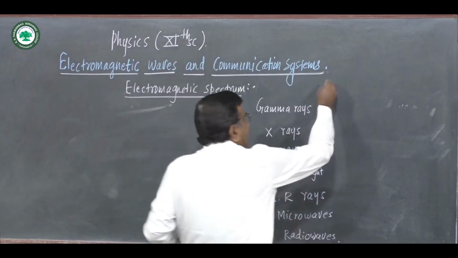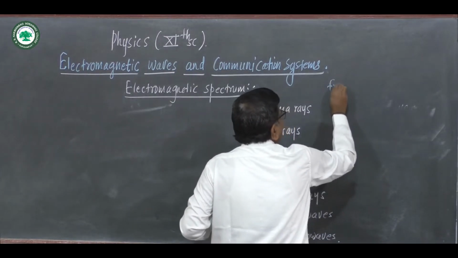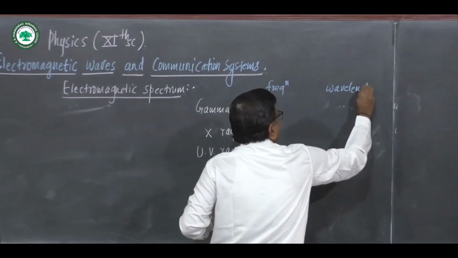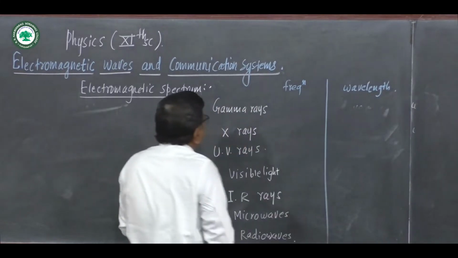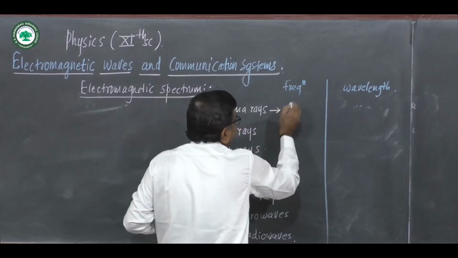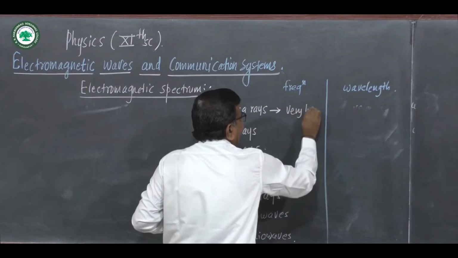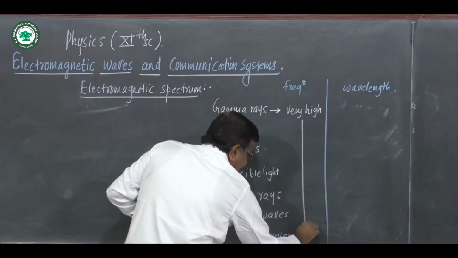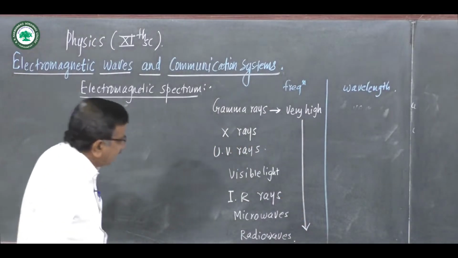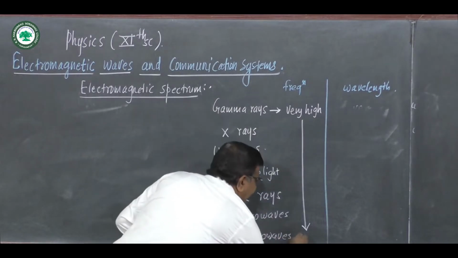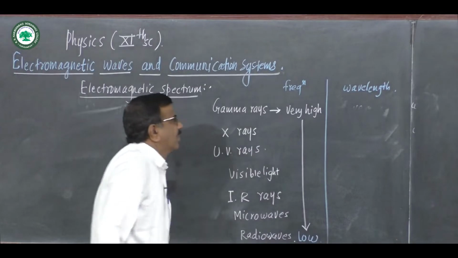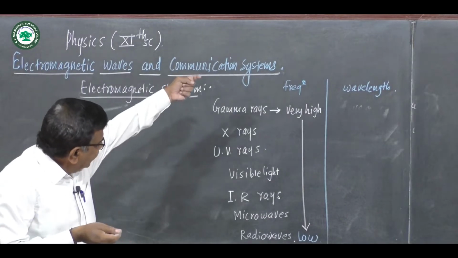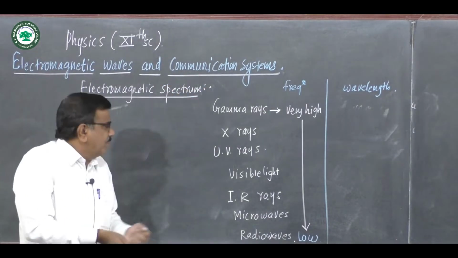Now see here, if we consider frequency and wavelength, the frequency of gamma rays is very high, and frequency goes on decreasing from gamma rays to radio waves.